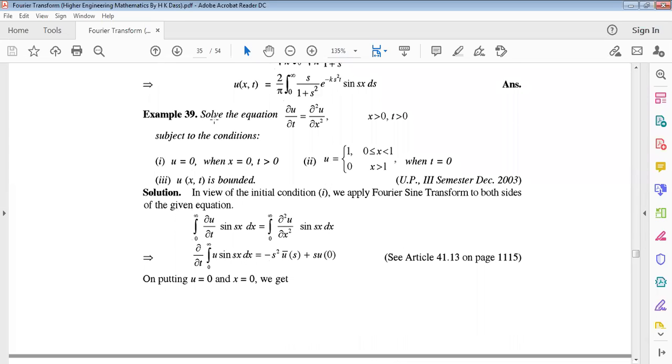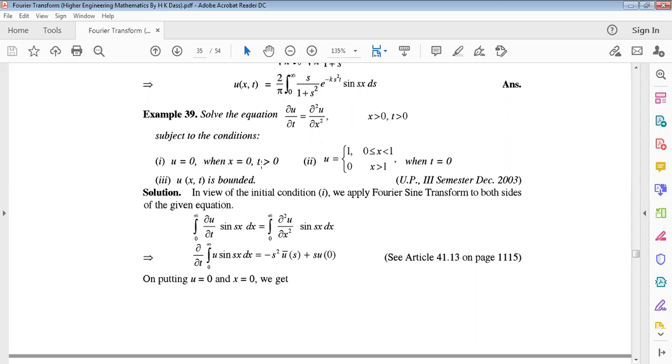Similarly, the next example can be solved. The equation del u del t equals del square u del x square. Here chi is absent, that means chi equals 1. But there is a condition given, x must be non-zero and t also non-negative. Now subject to the condition u equals 0 when x equals 0 and t is greater than 0.